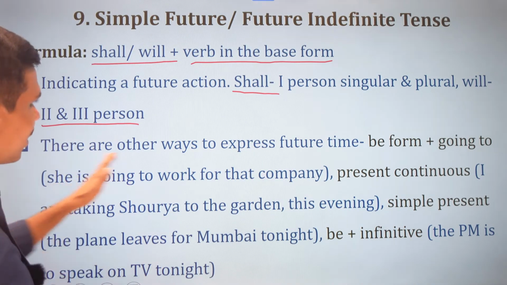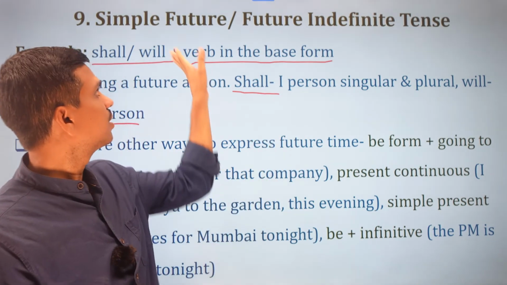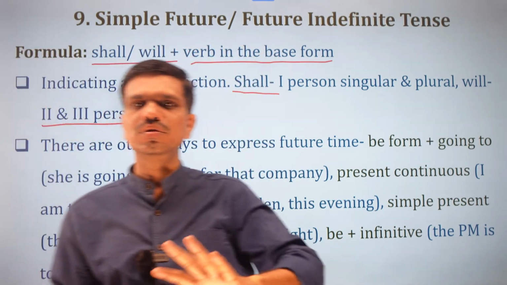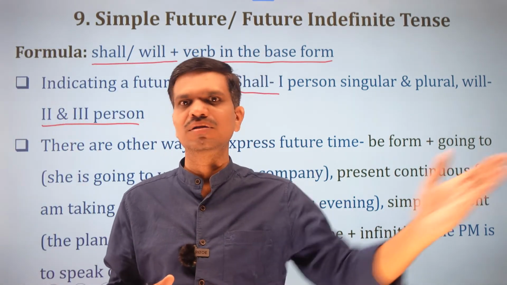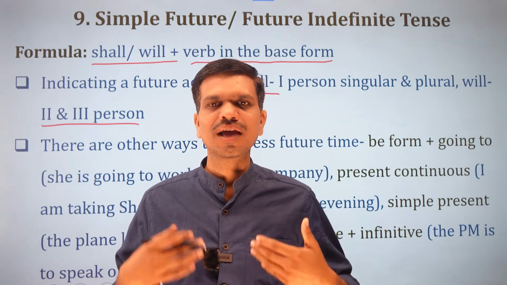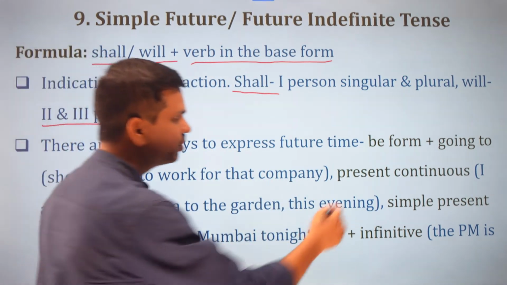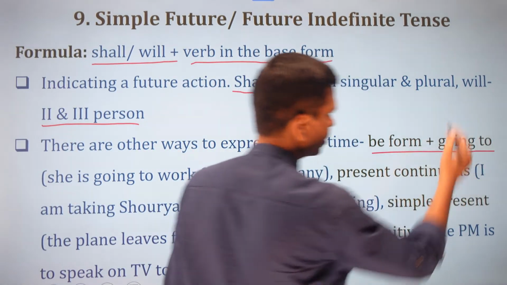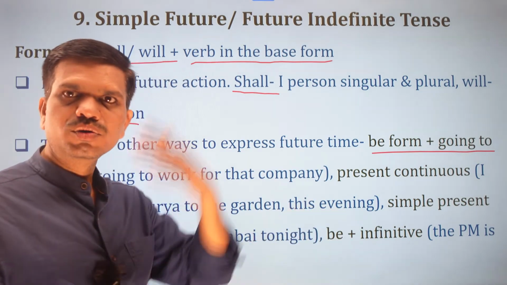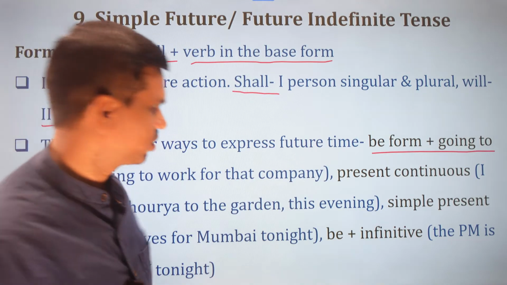Now there are other ways to express future time. Most of the time we use shall and will to express the future, but there are other ways also through which we can indicate future time. For example, be form plus going to, this structure you can use. I am going to work for that company. Going to indicates the future time.